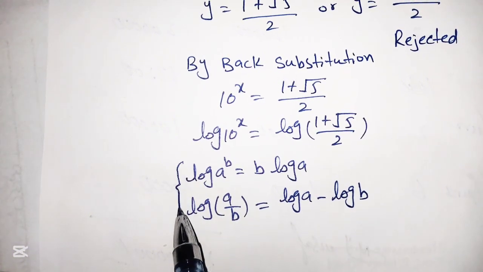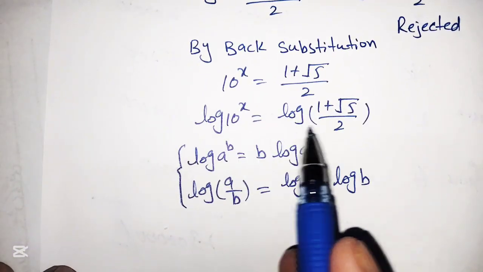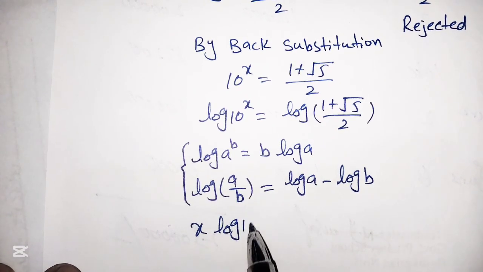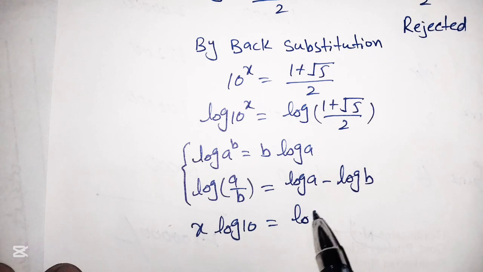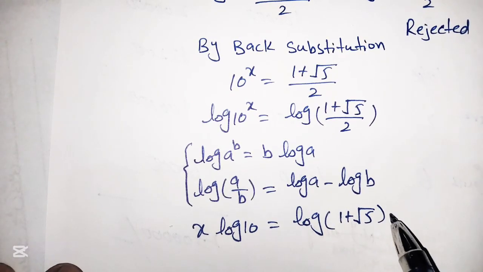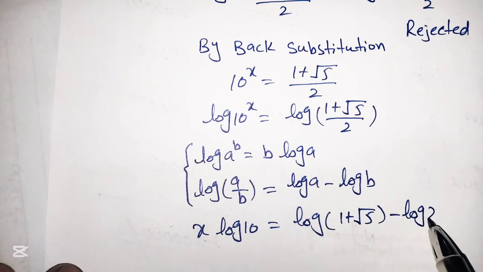Using these two properties, we can write the equation as x log of 10 is equal to log of 1 plus square root of 5 minus log of 2.